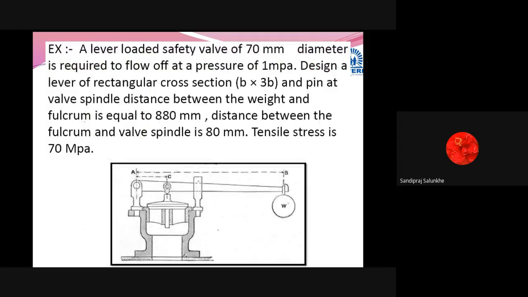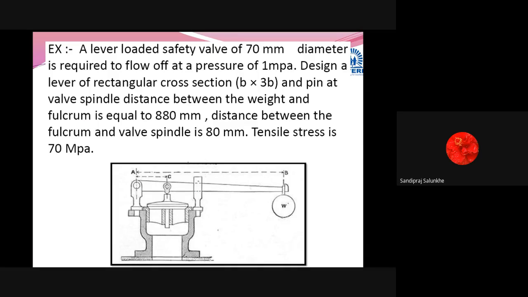Most of the problem statements related to safety valves are like this. That's why first of all we'll take the problem related to the safety valve. In the problem statement it has been written, I'll read for you, a lever loaded safety valve. Lever loaded means that a lever is used.